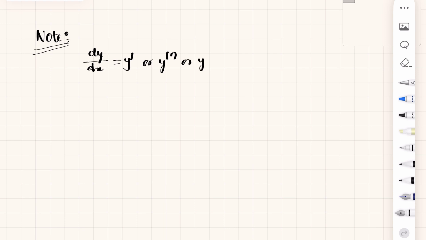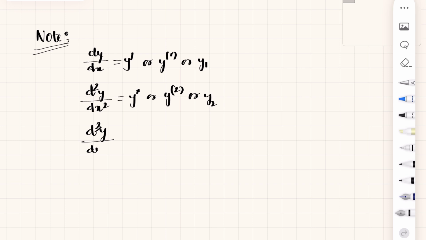This is the first thing, and you can note down something very important. We can write dy by dx in this way, or this way, or second derivative of y with respect to x in this way, or third derivative of y with respect to x in this way.